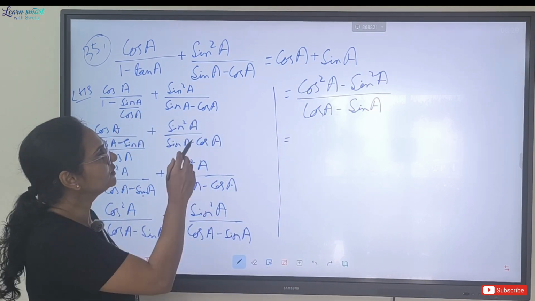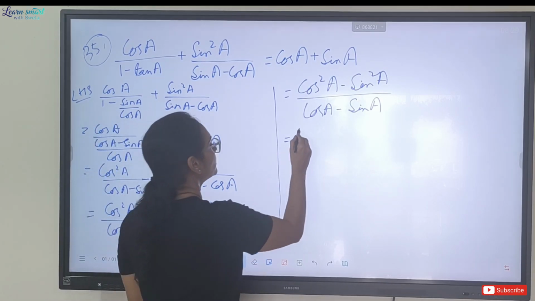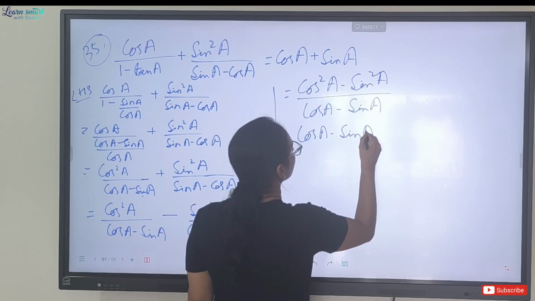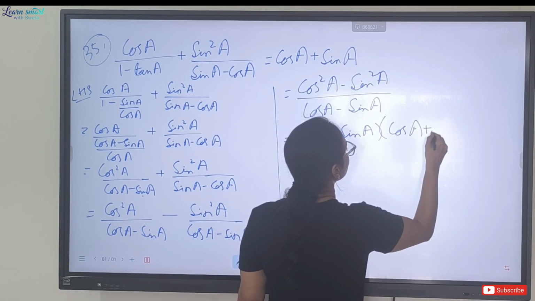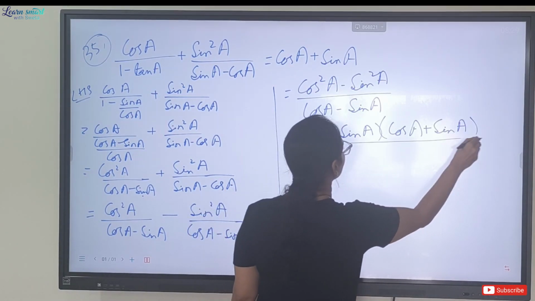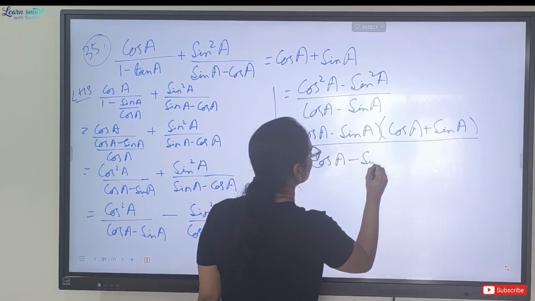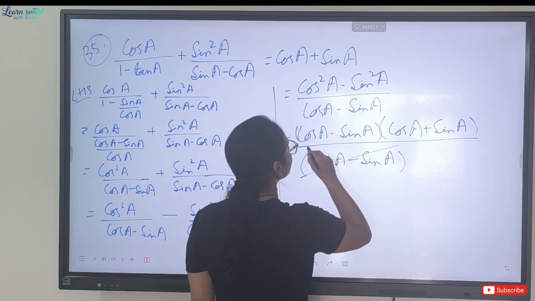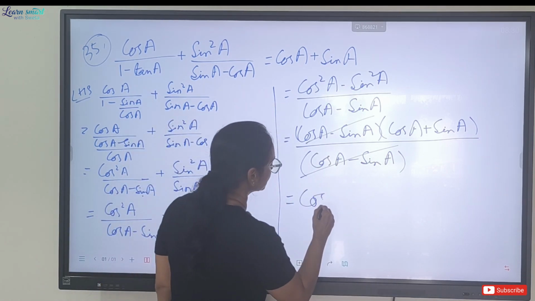Now we can write the numerator as cos A minus sin A into cos A plus sin A, upon cos A minus sin A. So we will cancel this and we are left with cos A plus sin A, which is the RHS.